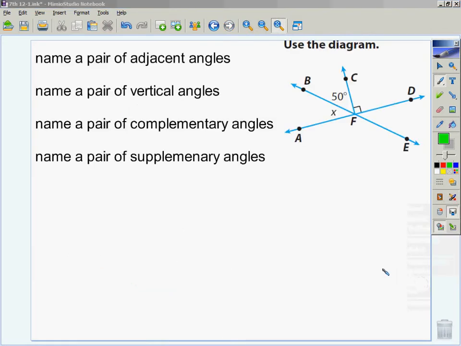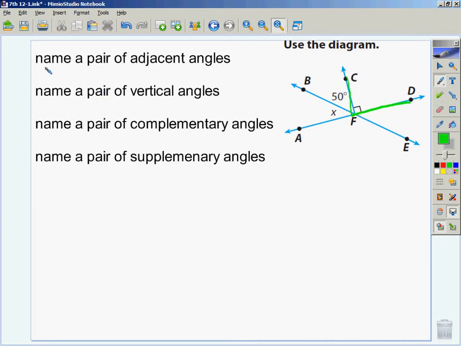Your work is going to look similar to this tonight. It says name a pair of adjacent angles. In this one, they didn't label them 1, 2, 3, and 4. We need to talk about how to name something. Since I can't call it angle F, because there's more than one angle there, I've got to name it with 3 letters.